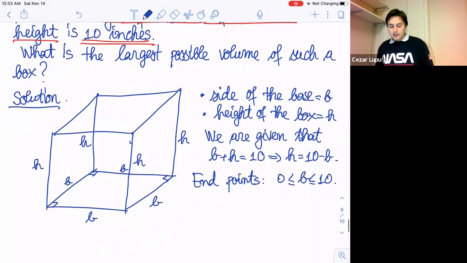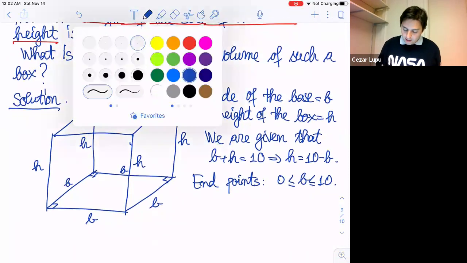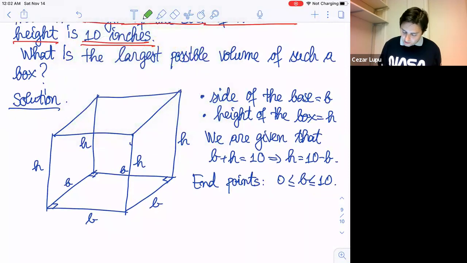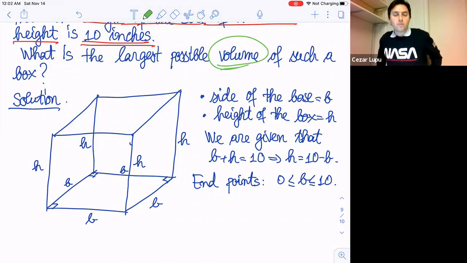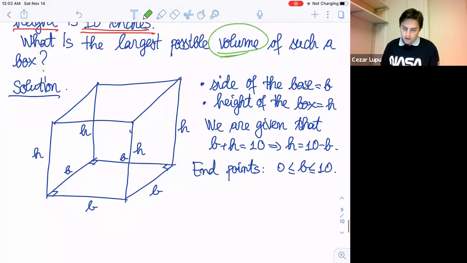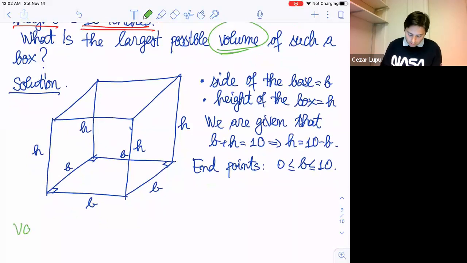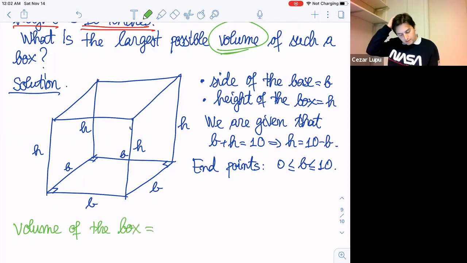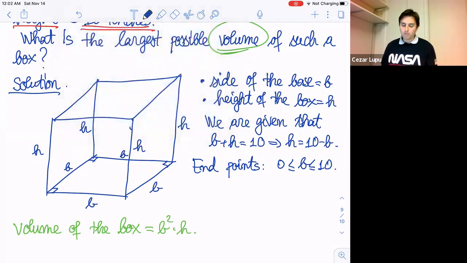And now we're asked about the volume of such a box. So we need a formula for the volume of this box. Let me write it here. The volume of the box in this case is B squared times H. All right, at this point, this is a mathematical problem.